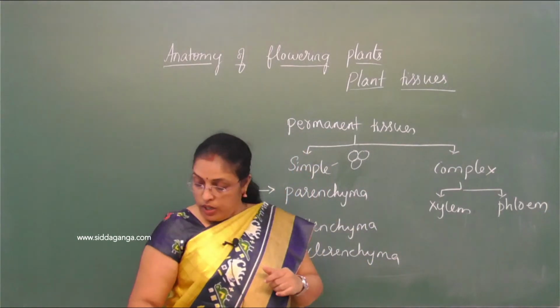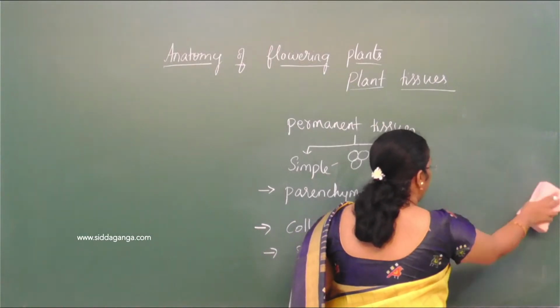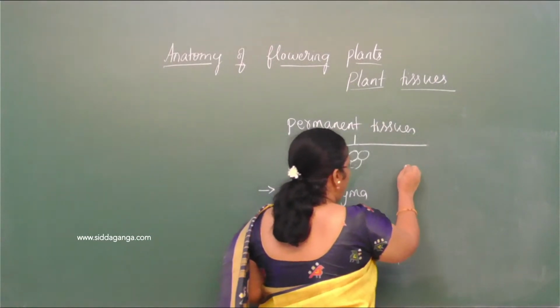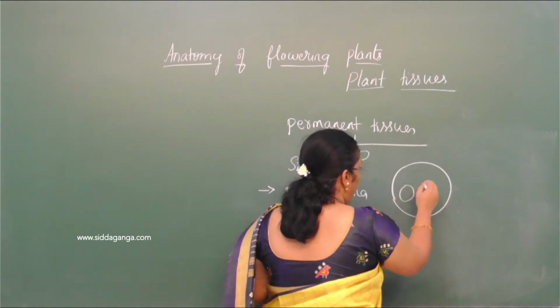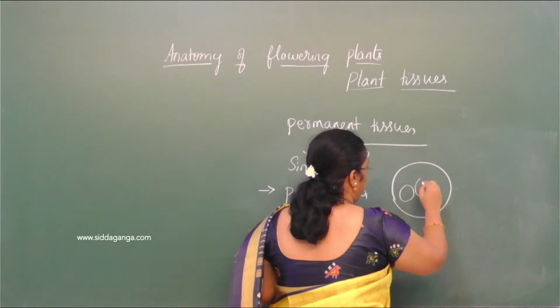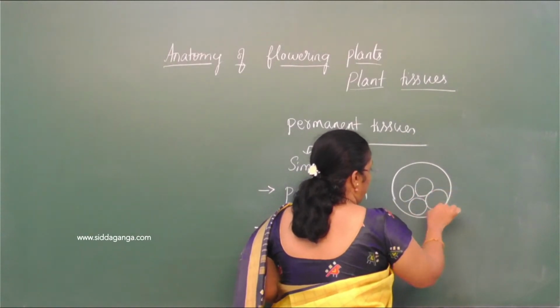So coming to the parenchyma, collenchyma and sclerenchyma. We know that in parenchyma, usually the cells are oval or polygonal in shape, like this.